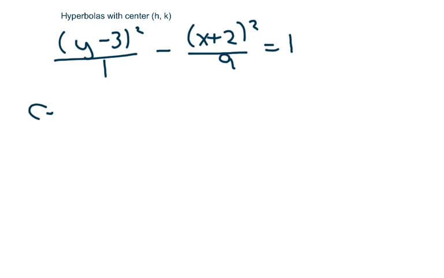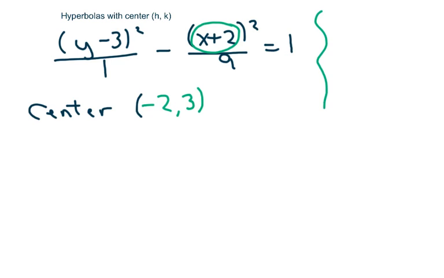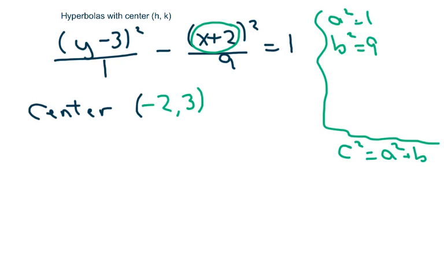The center is, be careful here, x goes first, so here's your x, is negative 2, comma 3. Alright, and on the side here, I'm going to write my a squared equals 1, my b squared equals 9, and remember this is c squared equals a squared plus b squared, so c squared is just 10.